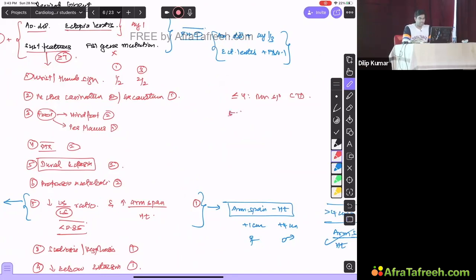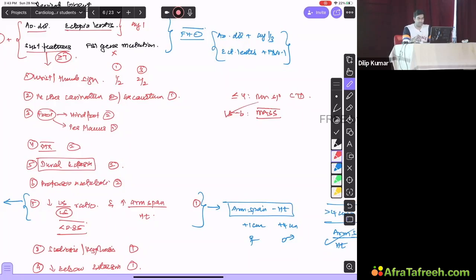If the score is 5 to 6, then it is called MASS syndrome. It's called MASS, not Marfan. Which means we call them Marfanoid features, right? Where the patient may not have the syndrome, but some features may be there. That's called MASS syndrome.